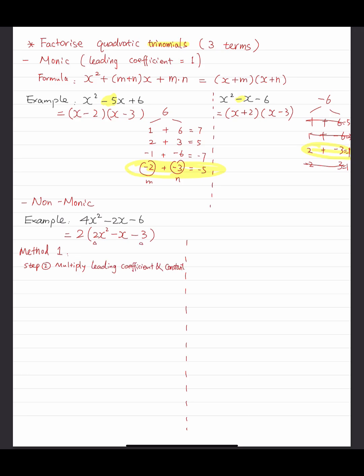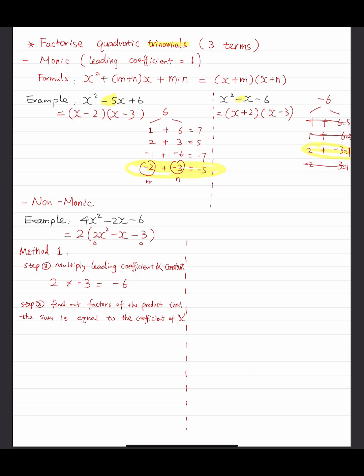In this case, I'm multiplying the 2, which is the leading coefficient, times negative 3. So that will give me negative 6. The second step is to find the factors of the product, which in this case is negative 6, such that the sum of the two factors is equal to the coefficient of the x.